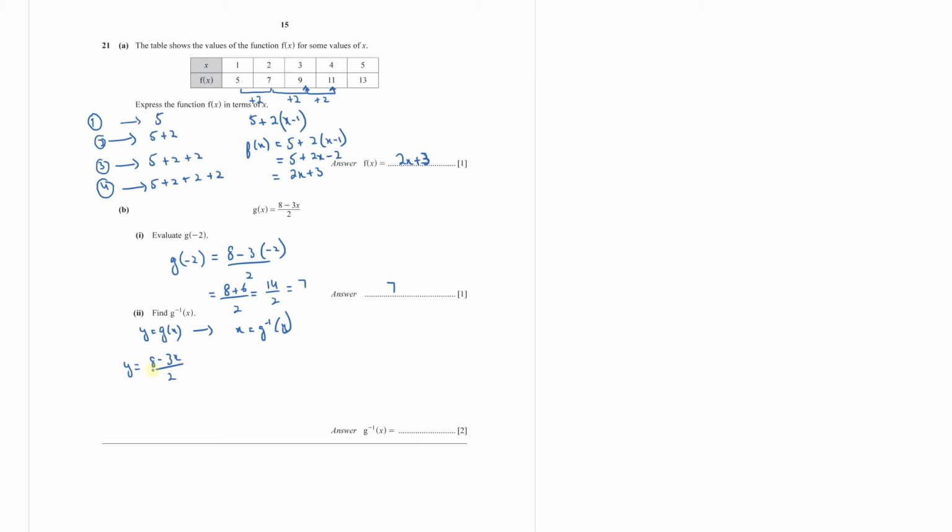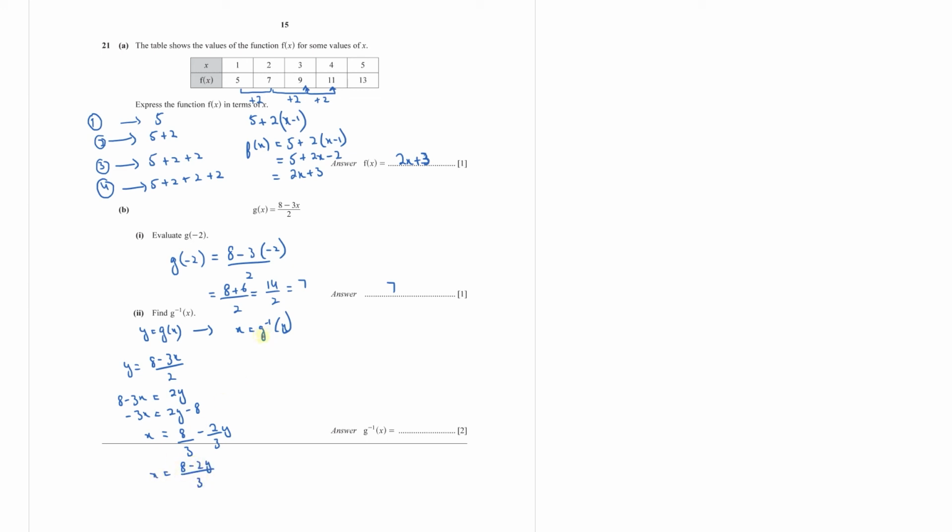Similar to how you have learned to make x the subject of the equation, you take 2 to the other side, you get 8 minus 3x equals 2y, minus 3x equals 2y minus 8, and then x equals, take the negative 3 to the other side, you'll get 8 by 3 positive 8 by 3, since this is negative 3, and then you get negative 2 by 3y, or you can write it as 8 minus 2y by 3.